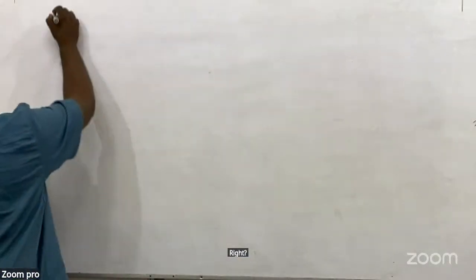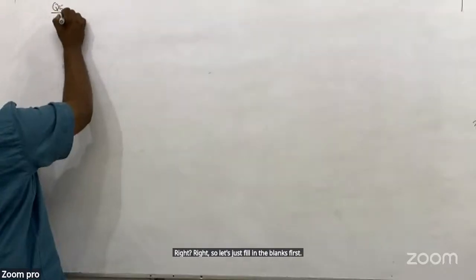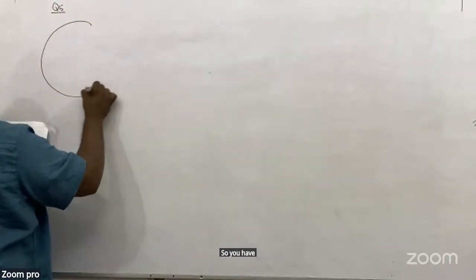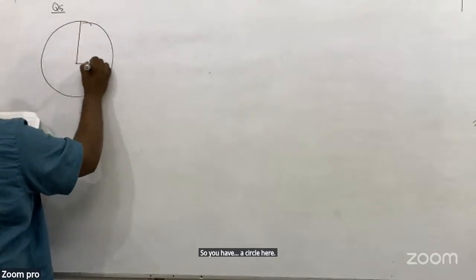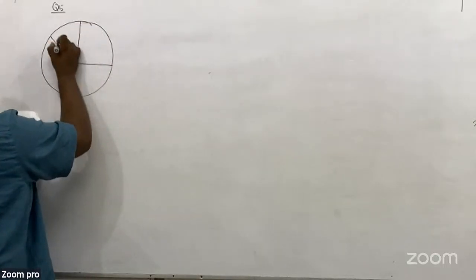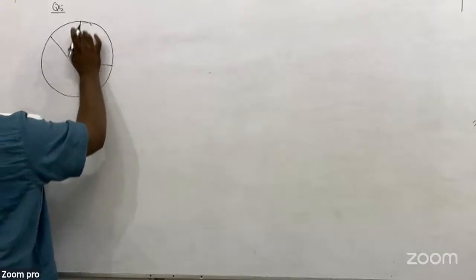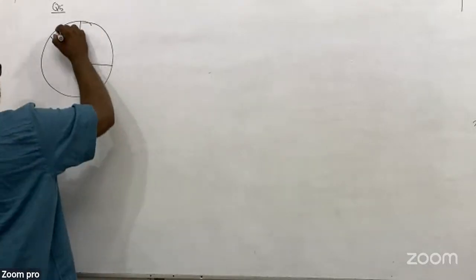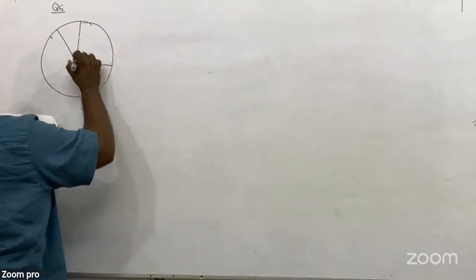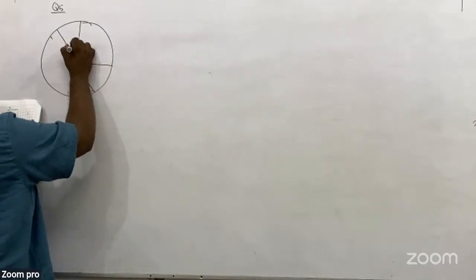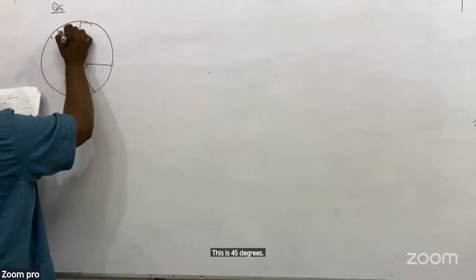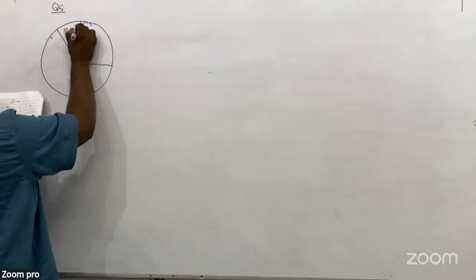Right? So let's just fill in the blanks first. So you have a circle here. This is 45 degrees, 10 to 20.